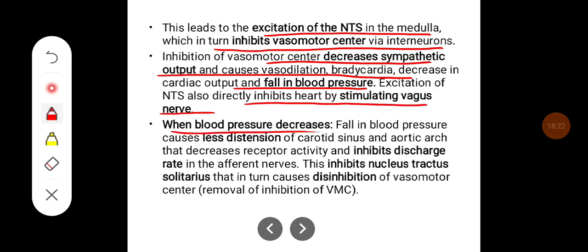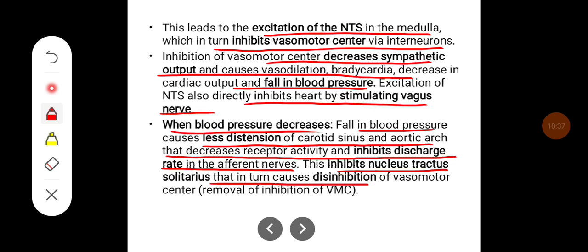And when blood pressure decreases, the fall in the blood pressure causes less distension of the carotid sinus and aortic arch that decreases the receptor activity and inhibits the discharge rate in the afferent nerves. This inhibits nucleus tractus solitarius, that in turn causes disinhibition of the vasomotor center.